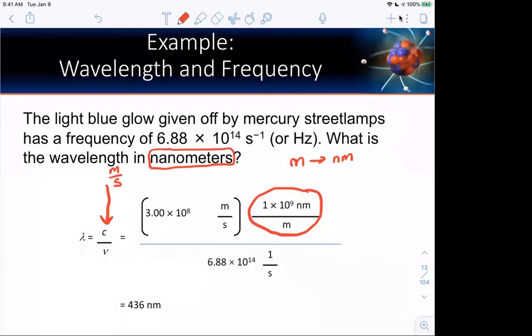But basically, I have lambda is equal to c over nu. This is my constant c. This is my given frequency. If I were to stop right there, my lambda would be in meters. So this is going to convert meters to nanometers. And what I get is an answer of 436 nanometers.